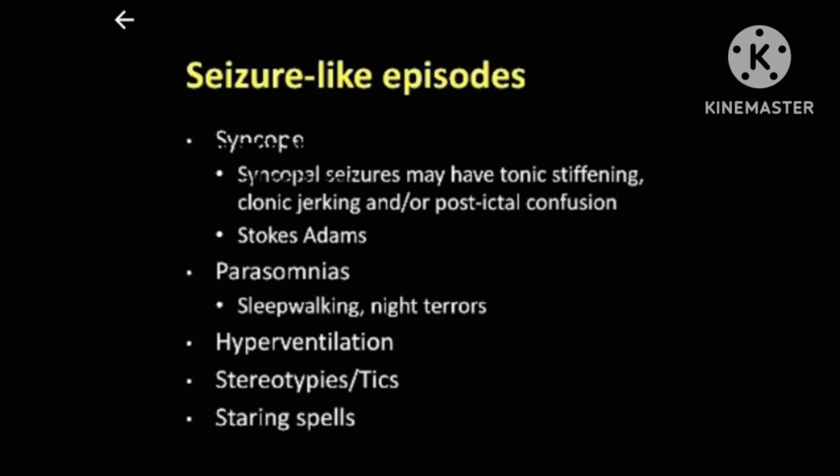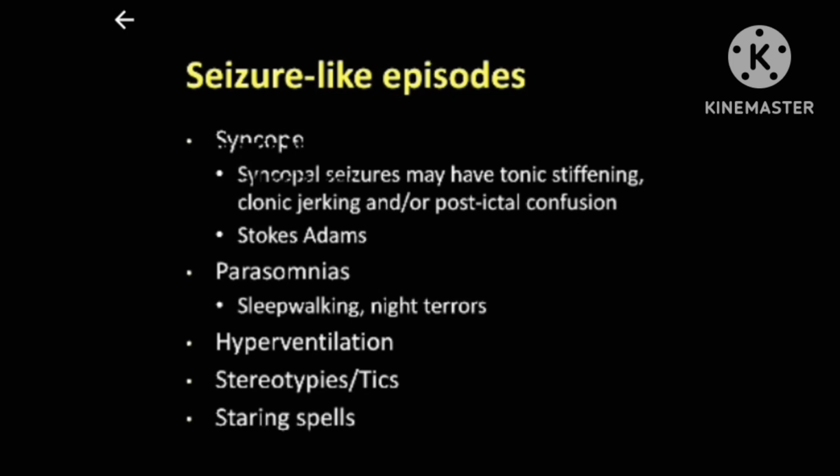Syncope means you have a vasovagal attack, the blood flow to the brain stops for some time, and the person loses awareness, can fall down, and can actually have a few clonic jerks. That is what is called convulsive syncope. So just because somebody has some jerking, it doesn't necessarily mean it's an epileptic seizure. It can be a convulsive syncope.